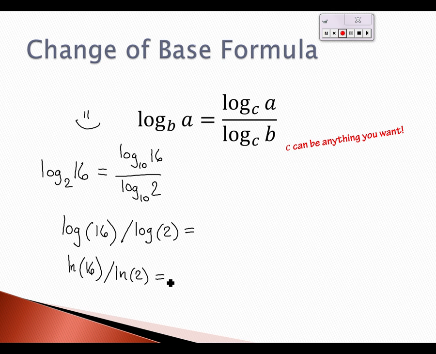Try it. If you're not getting 4, then, because we know that this should come out to 4, log base 2 of 16.